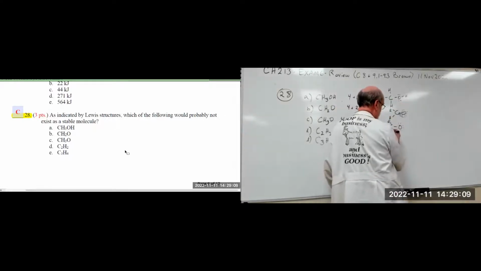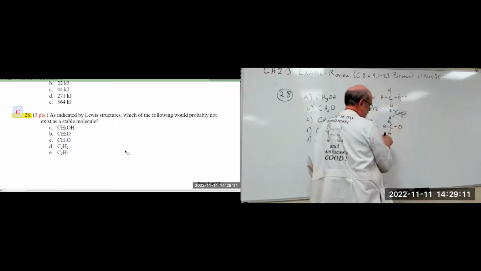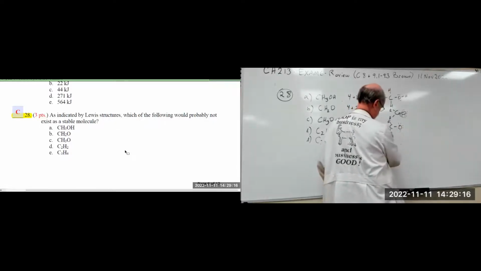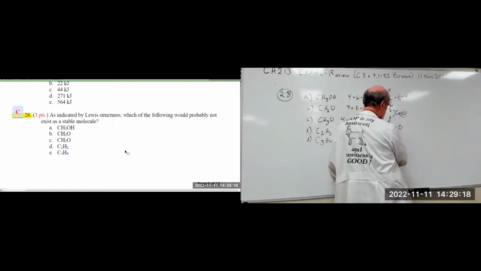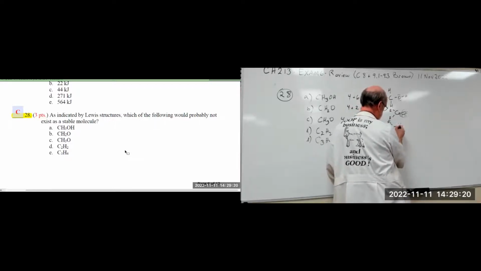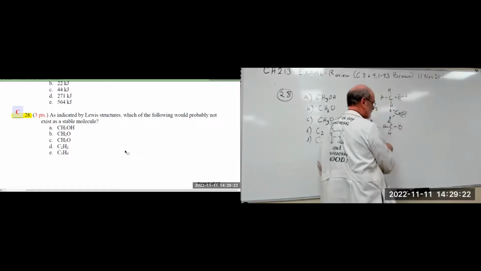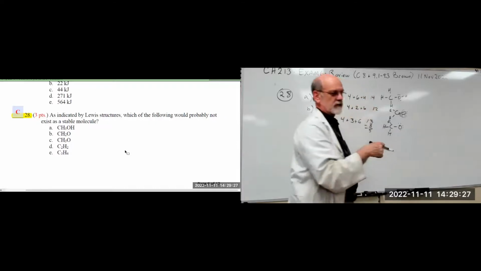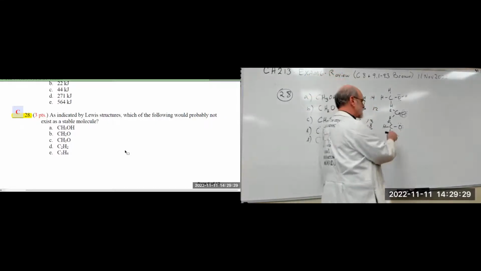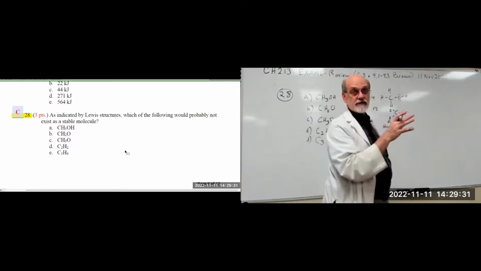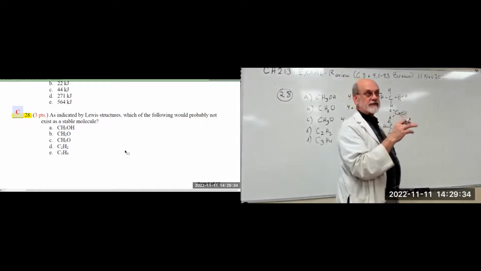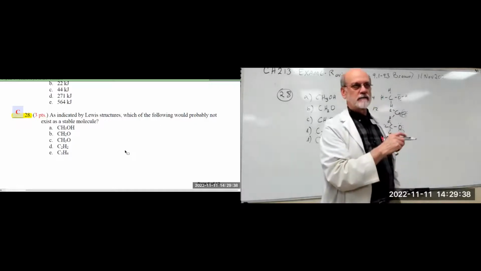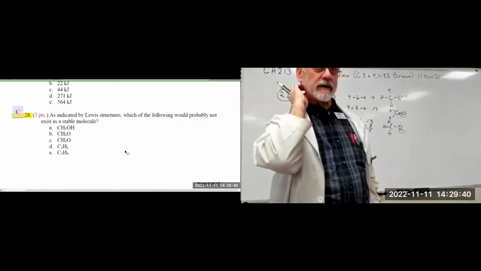Notice that this is a free radical in the first place. And this carbon is satisfied. But the oxygen is not. And we can't satisfy the oxygen. There's no way. 2, 4, 6, 7. It's only got 7 electrons. Right? This is unstable. Now, it doesn't mean it doesn't exist, but it's very unstable because it's a free radical. It's going to react very quickly.